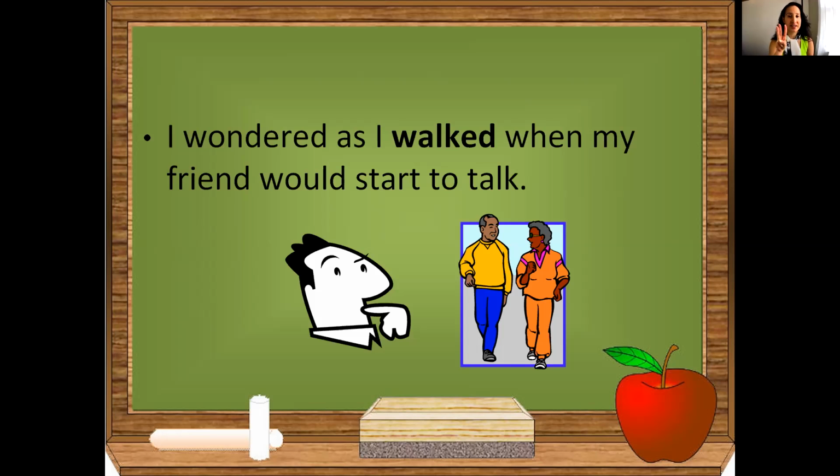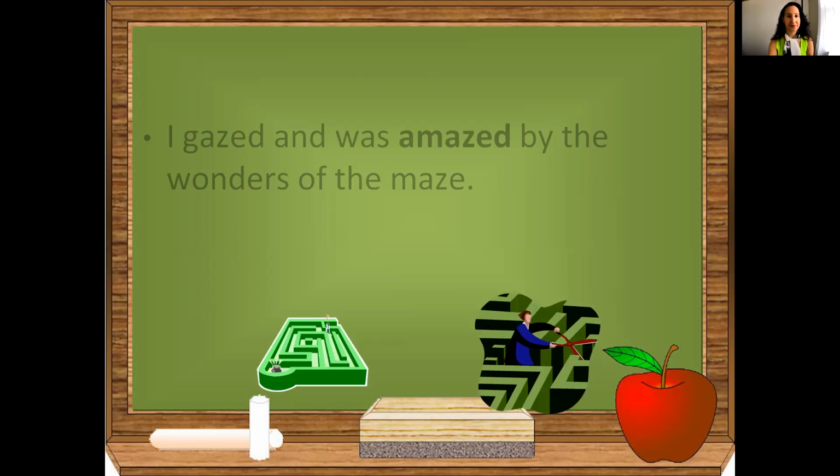Remember, 3 sounds. I gazed and I was amazed by the wonders of the maze. See how it's a tongue twister? It's a lot to say. So if we say it slowly, we can get it. I gazed and I was amazed by the wonders of the maze.